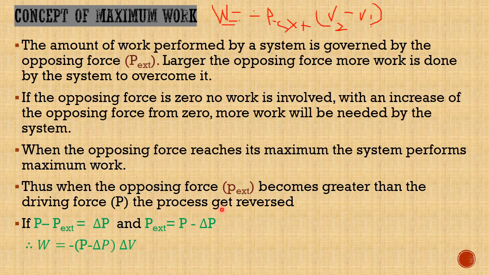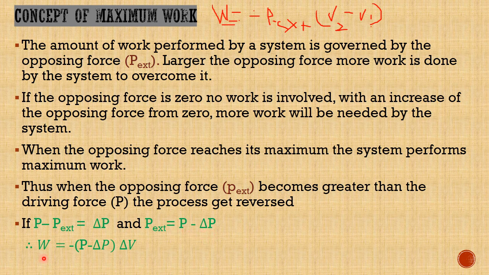The process gets reversed when the opposing force becomes greater than the driving force. So P is greater than Pext, and P minus Pext is nothing but the difference in pressure, that is delta P. Taking this to one side, Pext is equal to P minus delta P.